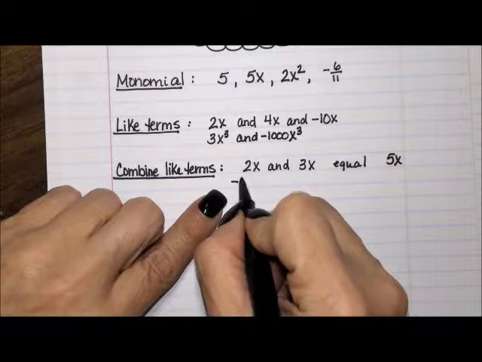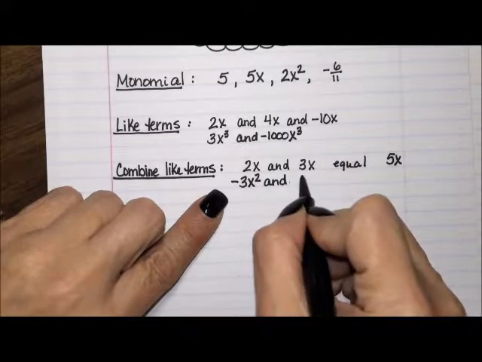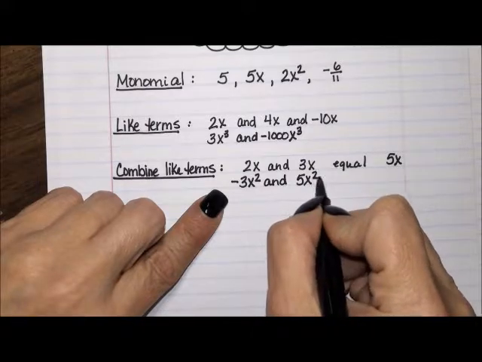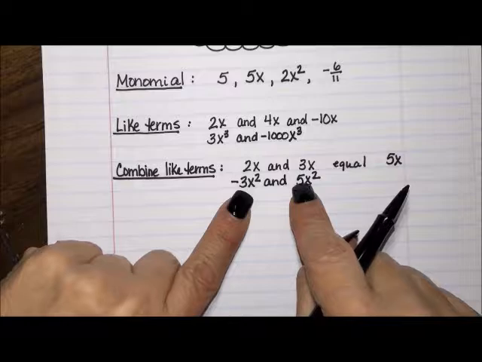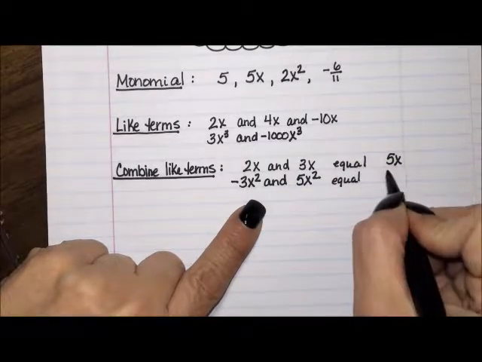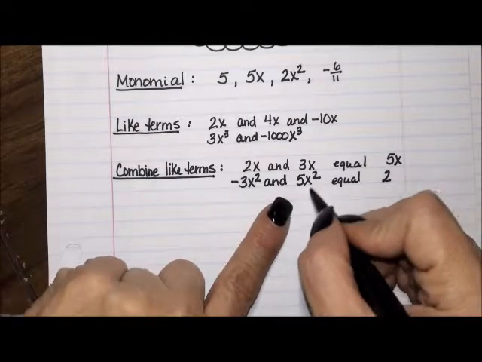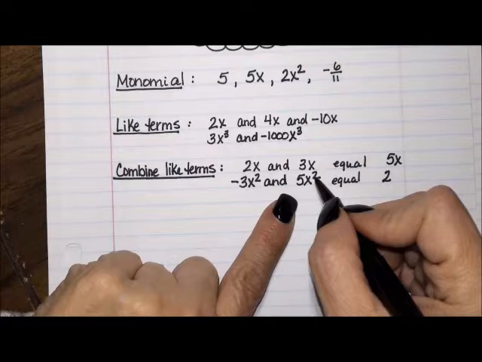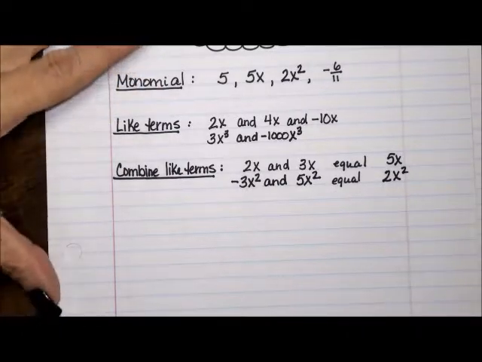If I took a negative 3x squared and a positive 5x squared and put them together, negative 3 and 5 equals positive 2, because 5 minus 3 is 2. But the last name is x squared, and I don't change your last name. You can't change your last name. It is what it is.